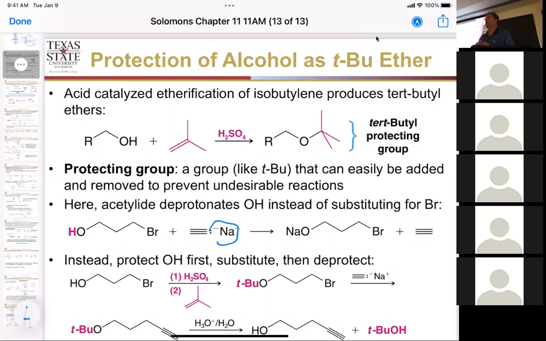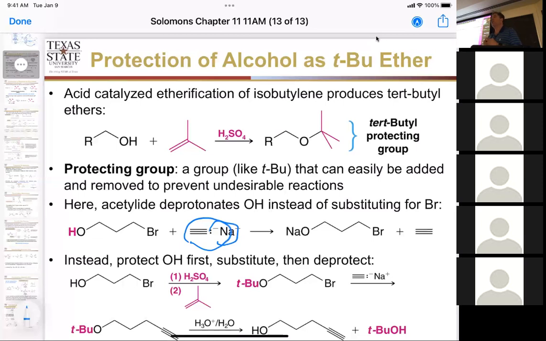The OH has an acidic proton, right? The pKa of our alcohols is between 16 and 18. And so that's an acidic hydrogen on there, right? The pKa of our acetylene was 25. So that means it's going to be the stronger base, and it's going to deprotonate our alcohol.